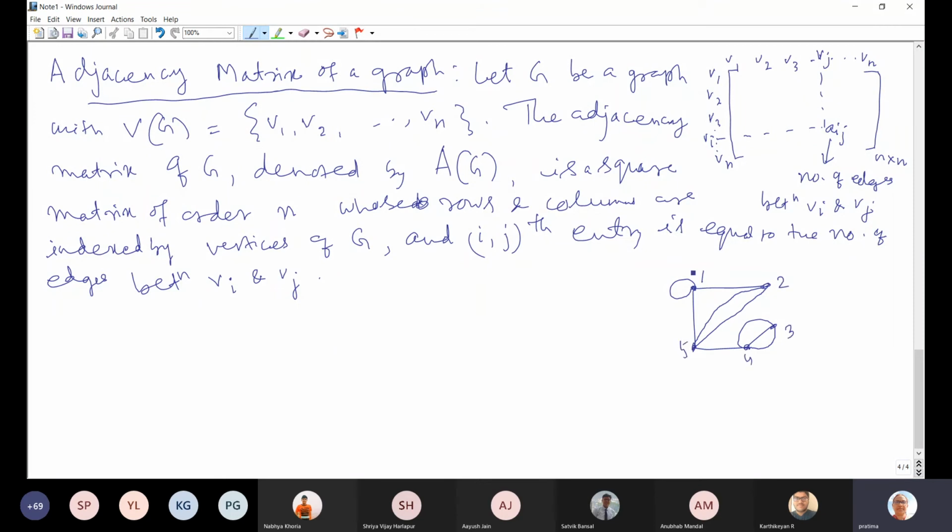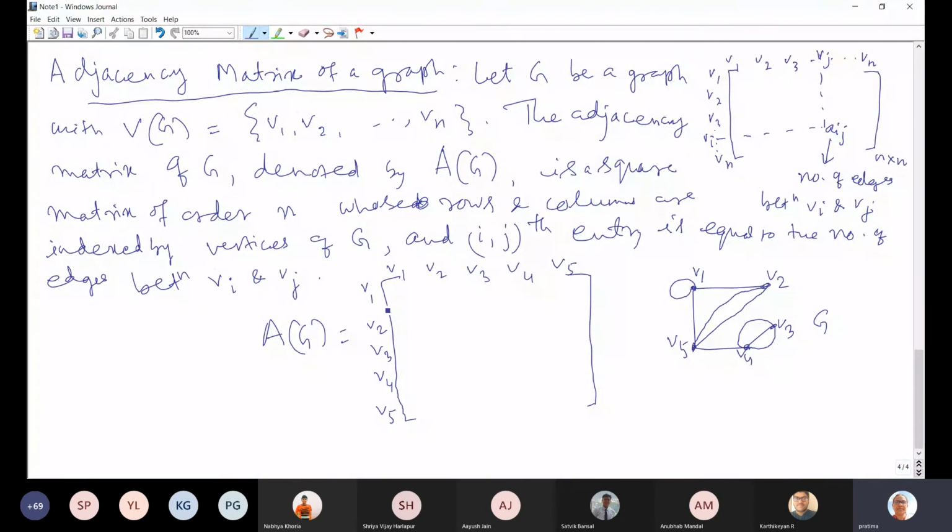You can also name them V1, V2, V3, V4, V5. So this is our graph G in this example. Therefore, its adjacency matrix will be a 5 by 5 matrix because there are 5 vertices. So V1, V2, V3, V4, V5 for the rows and columns.